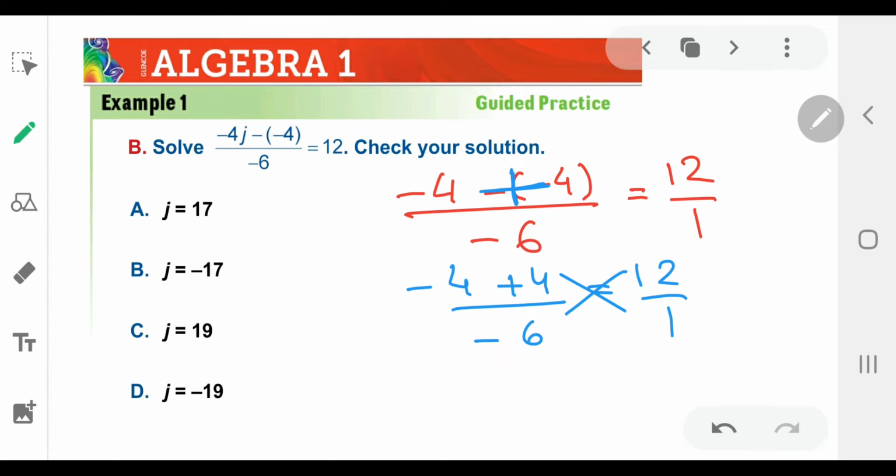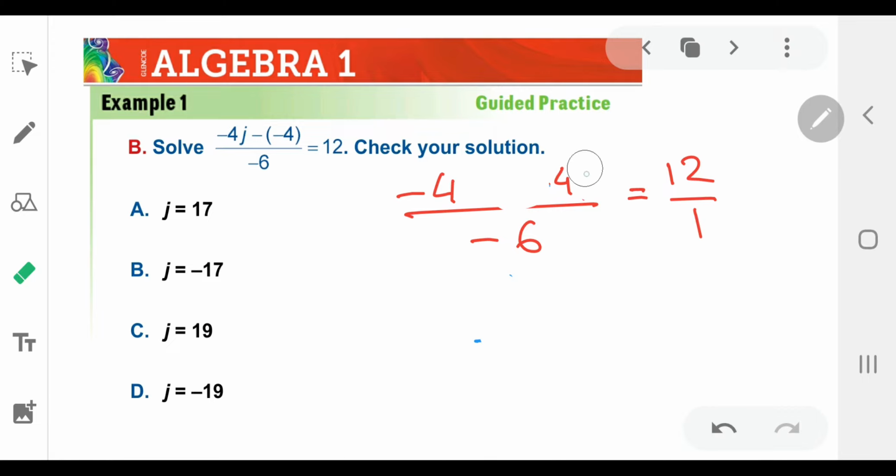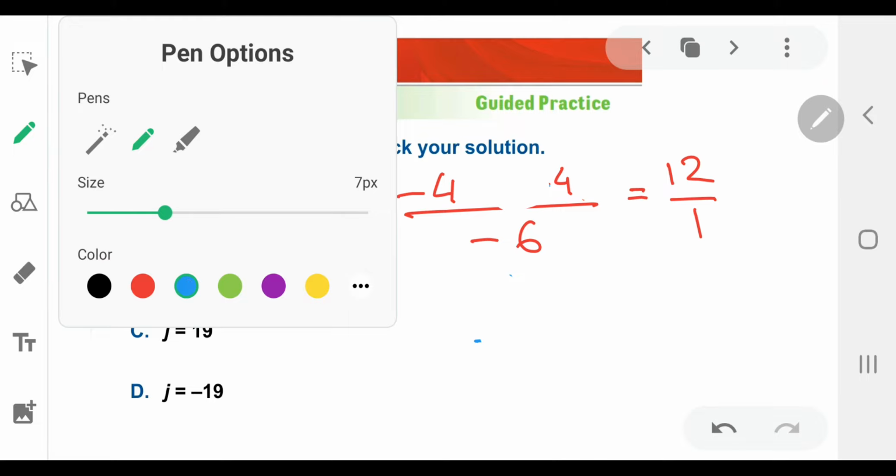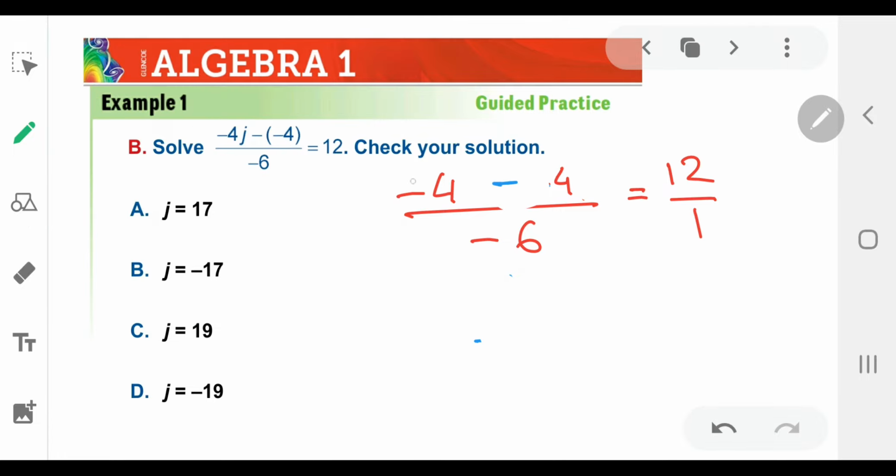Use the cross product. I don't have a space here, so I have to erase it again. After simplifying it, it's no longer negative 4j minus, it's plus 4 over negative 6, and this 12 is written over 1. I made both of them in the form of ratios.